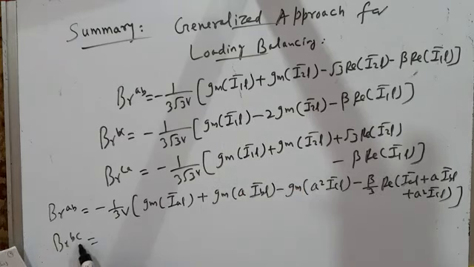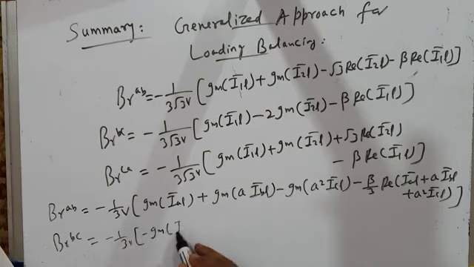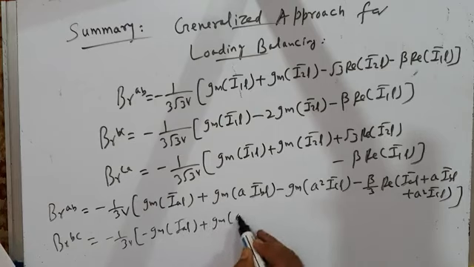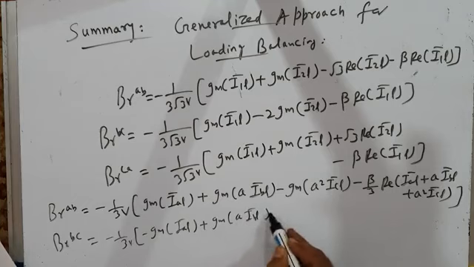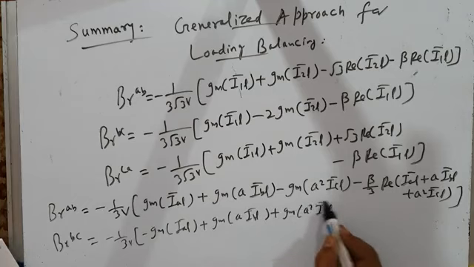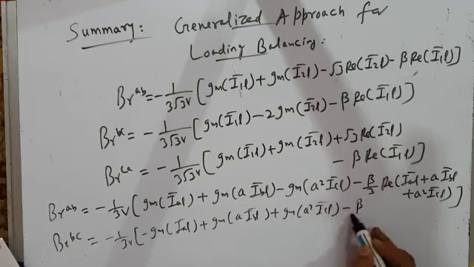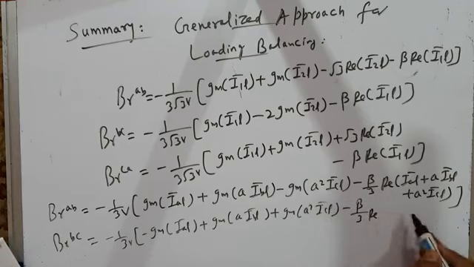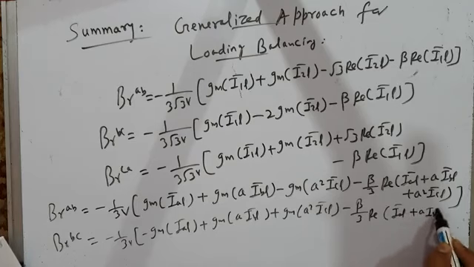Similarly, B gamma BC we calculated as minus 1 by 3V into minus the imaginary part of IAL plus the imaginary part of AIBL plus the imaginary part of a square ICL, and this part remains the same: minus beta by 3 real part of IAL plus AIBL plus a square ICL.